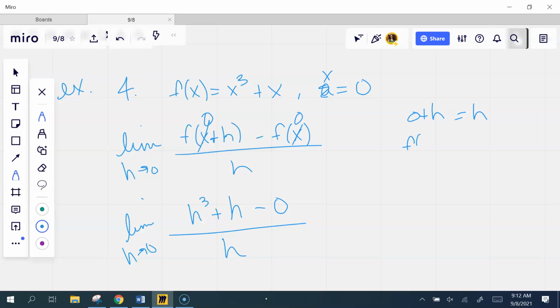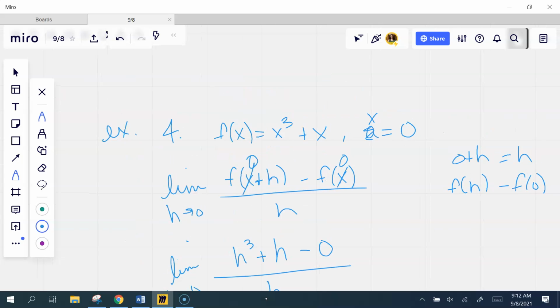So really that's f of h minus f of 0. Let's pretend that x was 1. What would the inside of f of x plus h look like after that? Because to find that, the limit as h goes to 0 of f of x plus h minus f of x over h.